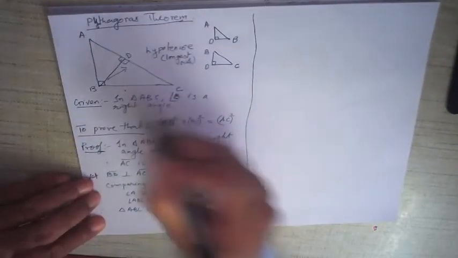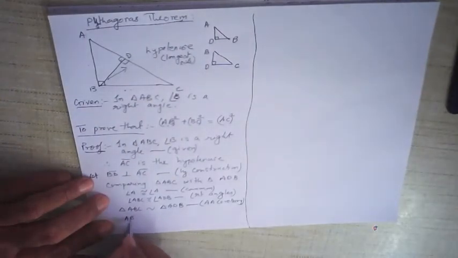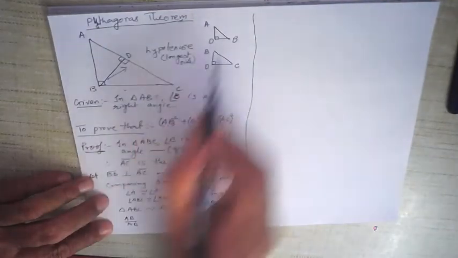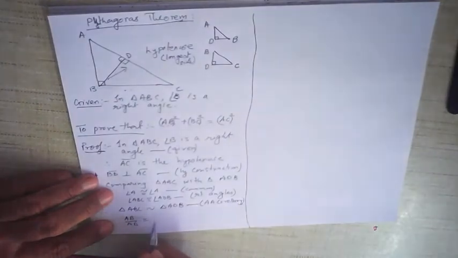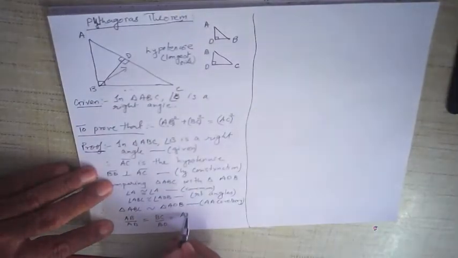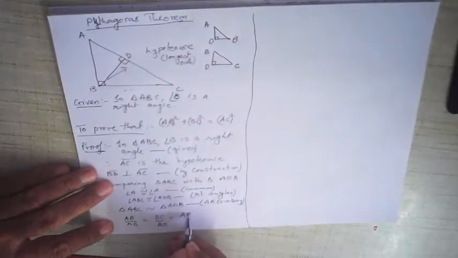Now if I take the ratio of sides, AB upon AD is equal to BC upon BD, is equal to AD upon AB, and this is the bigger triangle, AC upon AB.